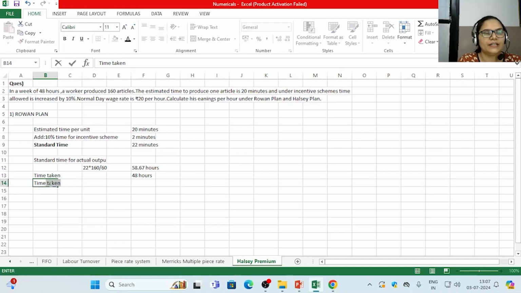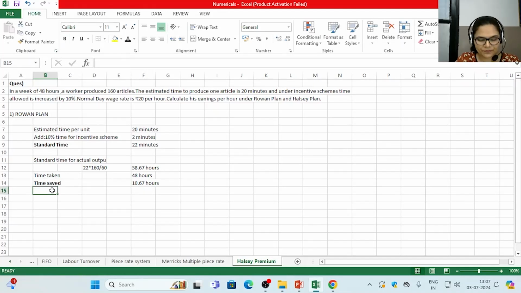For calculating earnings according to Rowan plan, we need to have a figure of how much time has been saved. So 58.67 hours was the standard hours and the time taken was 48 hours. So naturally, we will deduct 48 from 58.67 to get the time saved. We need time saved because the bonus is calculated on the basis of time saved. We have now time saved.